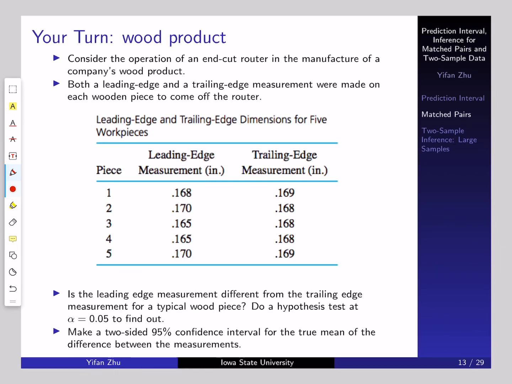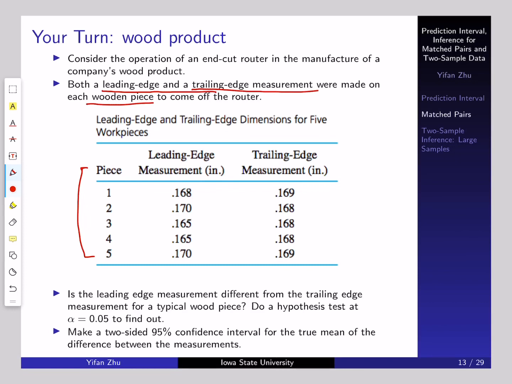Okay, this is another example, a wood product example. What we did in this test is we have two measurements for each wooden piece. There is a leading edge and also a trailing edge measurement made on each wood piece.